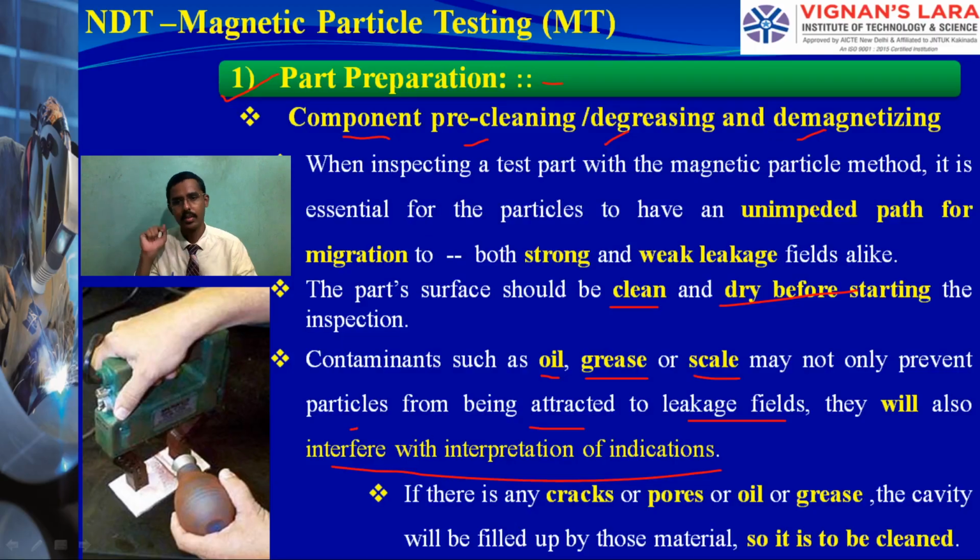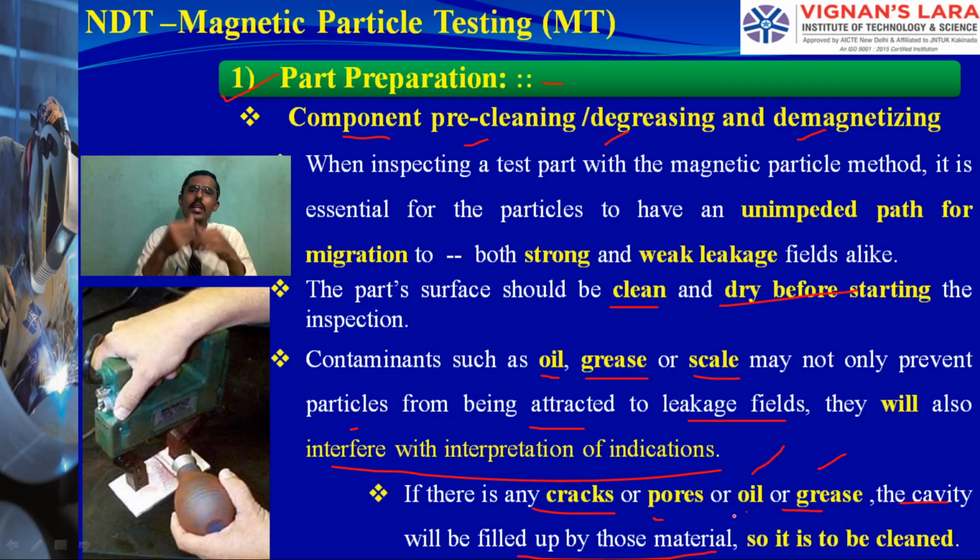If there are any cracks, porous areas or holes, or if oil or grease is present there, the cavity will be filled by those materials. These cavities will be filled by the oil, grease, dust particles, or scale, and then the discontinuity will not be visible.